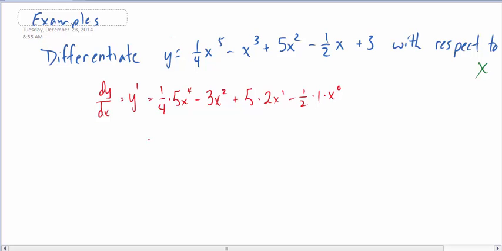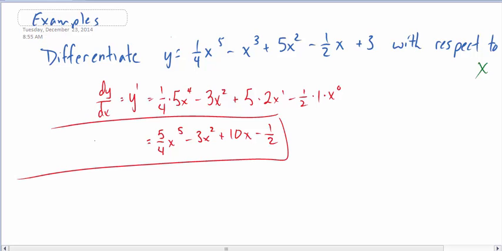And let's clean it up. 5/4 x to the 4th minus 3x squared plus 10x minus 1/2, because of course x to the 0 is 1, and here is my derivative.